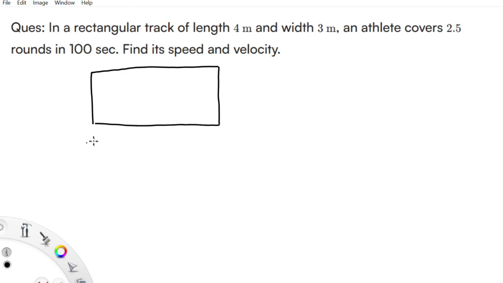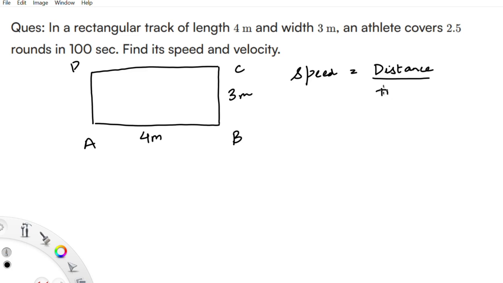Now let's draw a rectangular track first. So this is our rectangular track, A, B, C, D, and this is 4 meters. Let this be 3 meters. And you're given that an athlete covers 2.5 rounds in 100 seconds. So if you want to find the speed and the velocity of the athlete, let's start off with speed. Speed can be expressed as distance upon time.